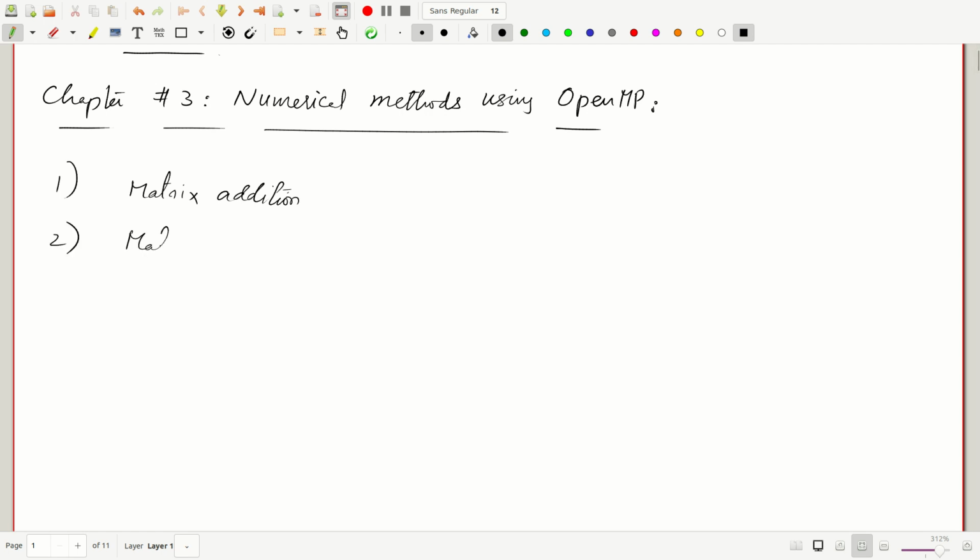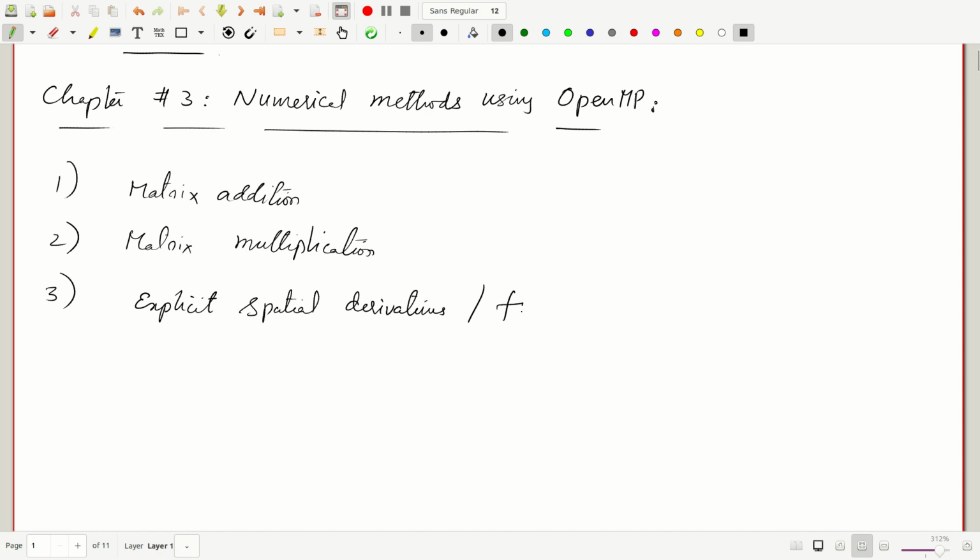Another one is matrix multiplication, and thereafter we will look at explicit finite differences, explicit spatial derivatives, and the final one is known as the implicit finite differences.